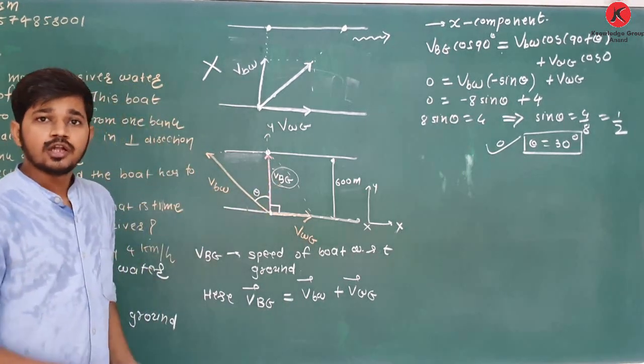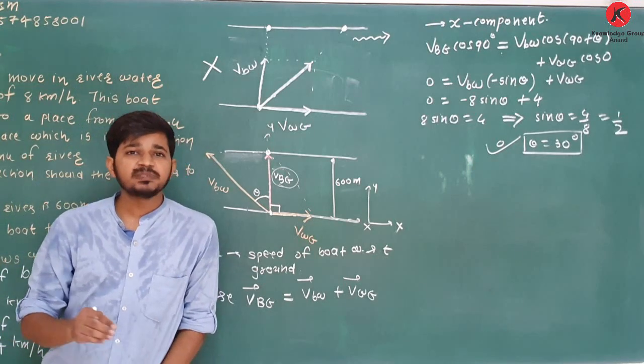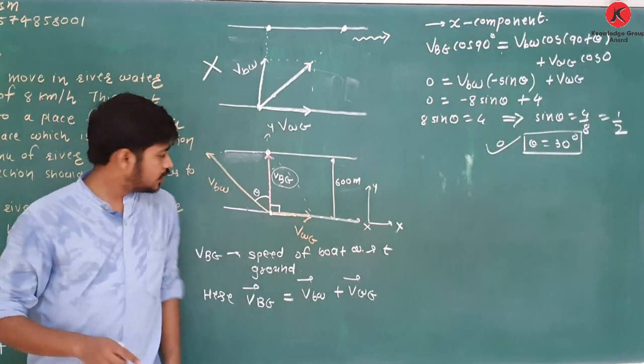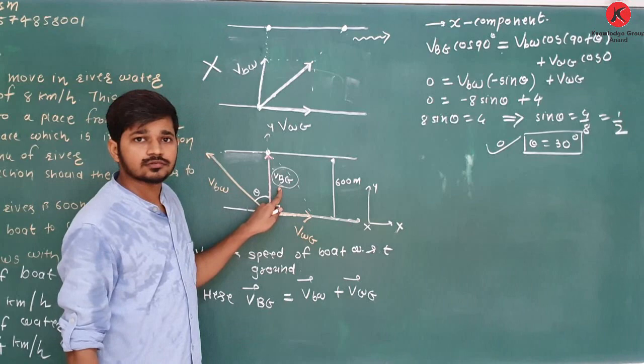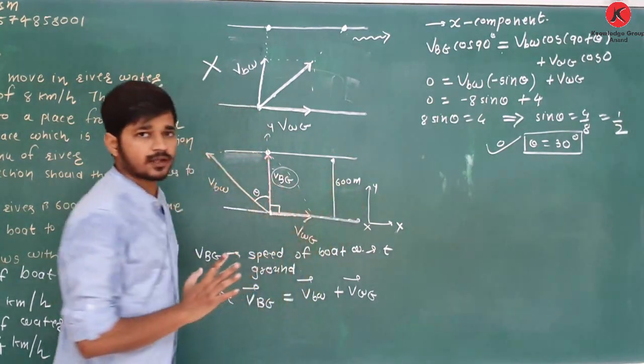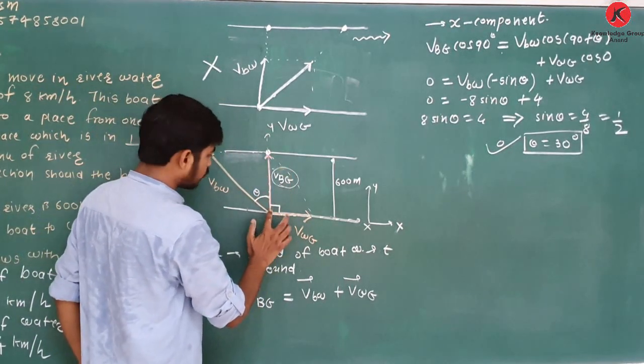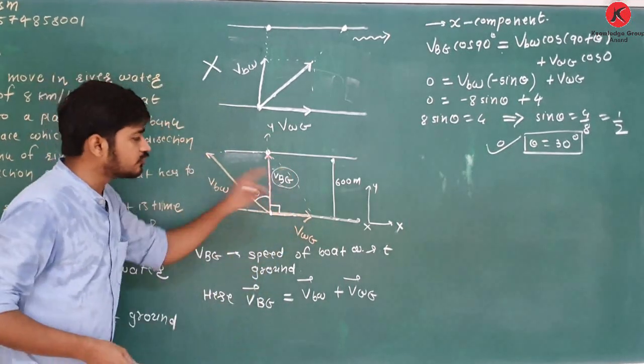It is VBG. So to use the equation, speed is equal to distance upon time, you have to find this VBG. Because the perpendicular distance between the two banks is 600, and in this perpendicular direction, the speed is VBG. So you have to find VBG.